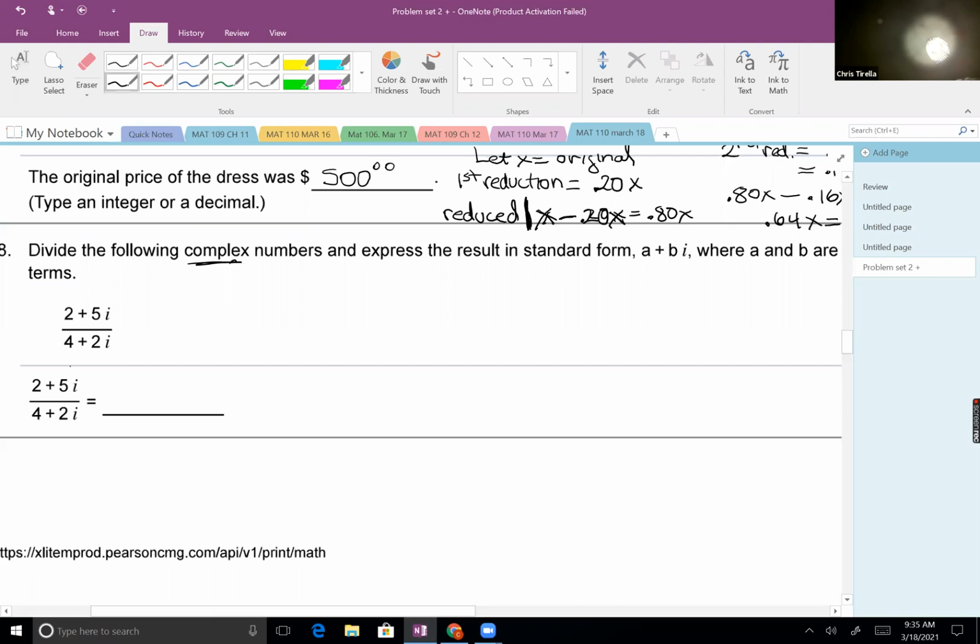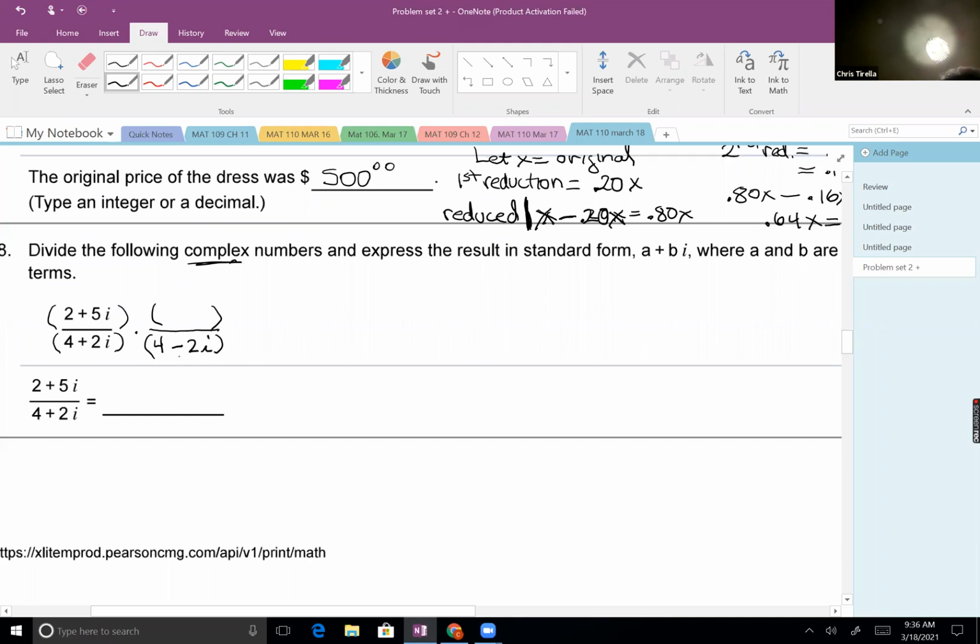So in order to get that i out of the denominator, can anybody remember what we had to multiply both the numerator and the denominator by? Reciprocal of the denominator. I think you know what you're saying, but just slightly wrong word. Instead of reciprocal, we're talking about the conjugate, right?